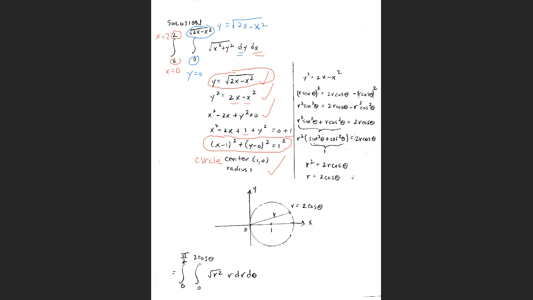I'll talk about this part on the right later, but let me focus here because what I want to do now is draw a picture. And actually, there's an error in my picture. It's not a full circle.